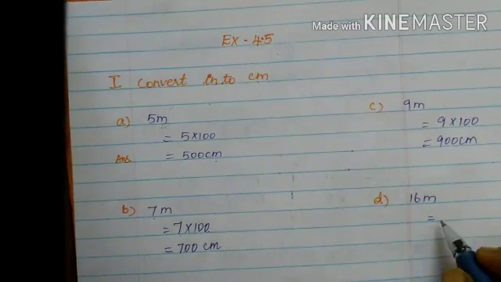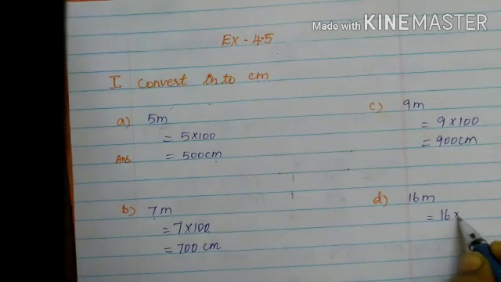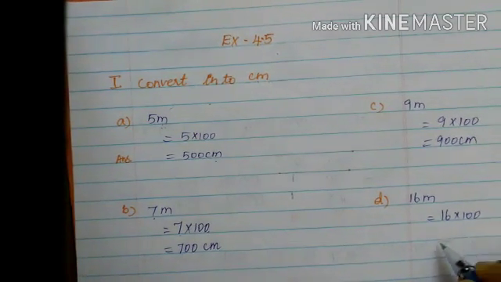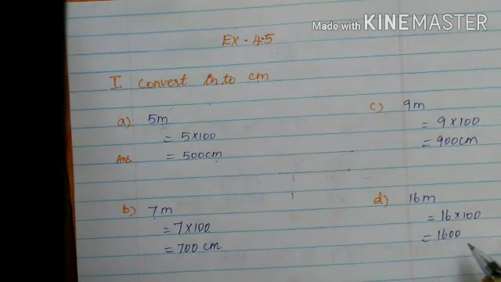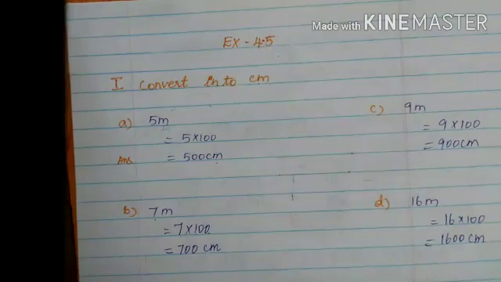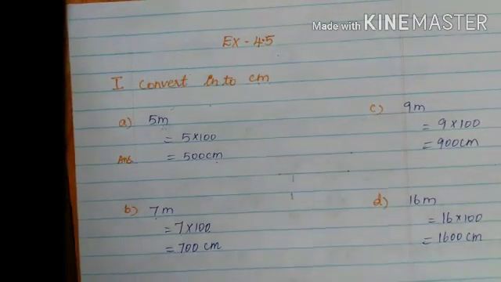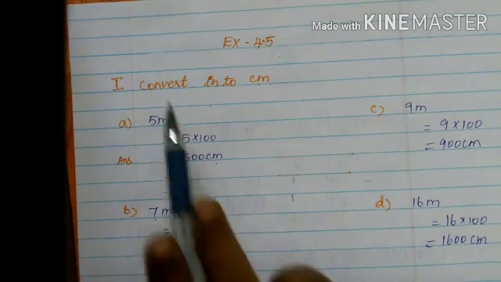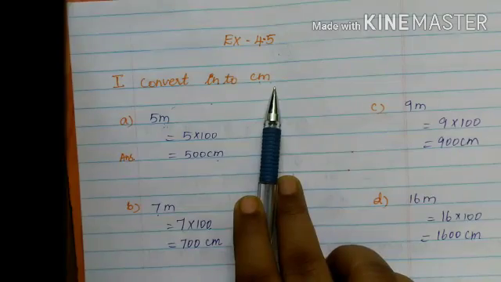The next sum: 16 multiply 100, so you get 1600 centimeter.